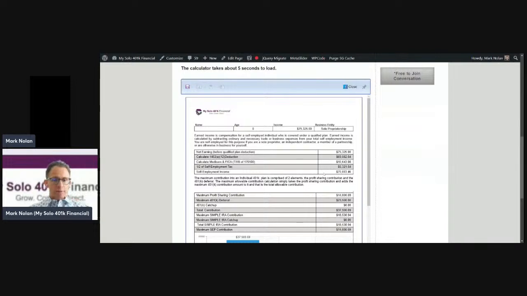Therefore, the maximum you can contribute is $70,000. Again, the overall limit is $70,000 for 2025. You cannot contribute any more than that as a voluntary after-tax solo 401k contribution, which would then get converted to the Roth solo 401k or the Roth IRA.